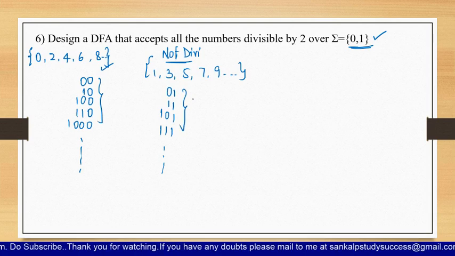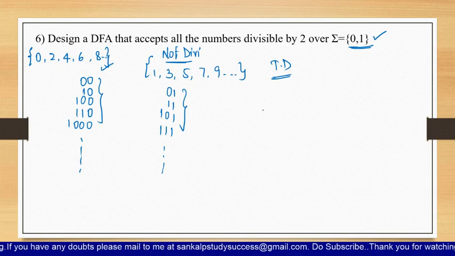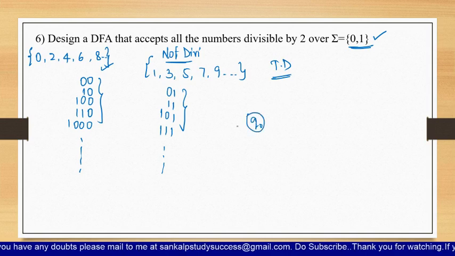That means our finite automata is accepting only the numbers divisible by 2. That means it should end with 0, and it should not end with 1 because it is not divisible. So now let us draw the transition diagram, where we are going to start with the initial state, which is Q0, and 00 should be accepted.